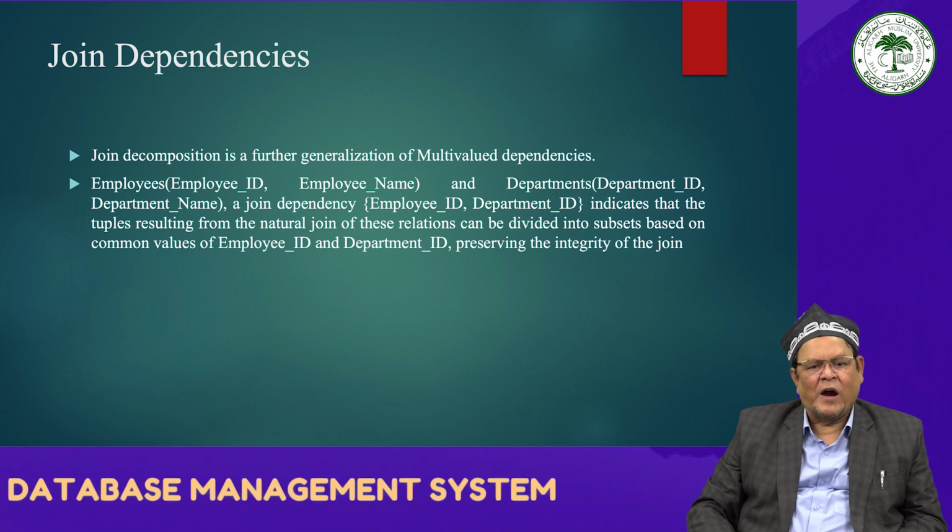If the join of R1 and R2 over C is equal to relation R, then we can say that a joint dependency JD exists.